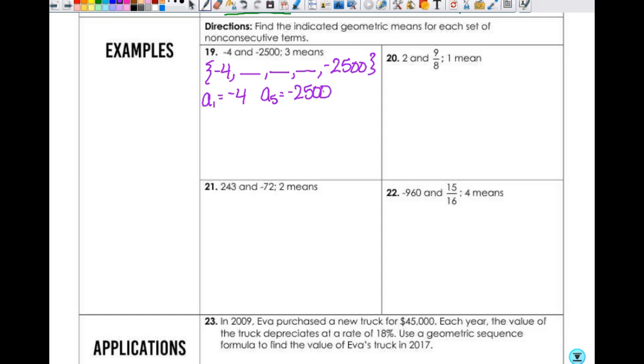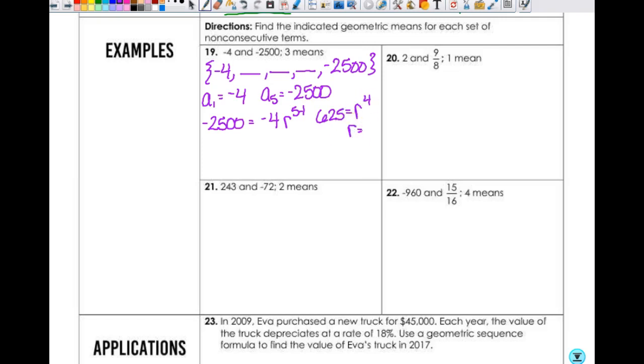What is it that I need to find? R. So -2500, which is AN, basically, is equal to A1, which is -4, times R to the 5 minus 1 power. So then this will give me 625 is equal to R to the 4th.